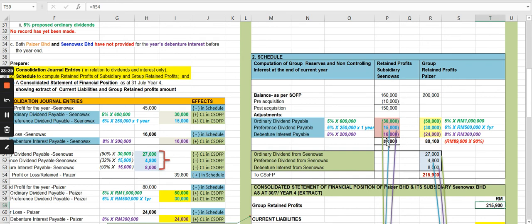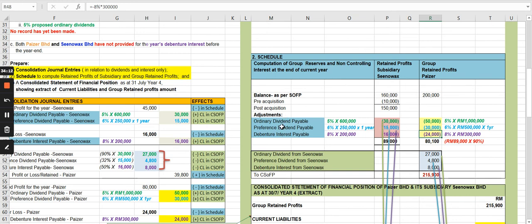Now bear in mind this 89,000 of post-acquisition profit also needs to be shared by the parent, and should you be asked to prepare the non-controlling interest, 10% of this figure will go to the non-controlling interest column. But here it was just focusing on the case of group profit and retained profit.